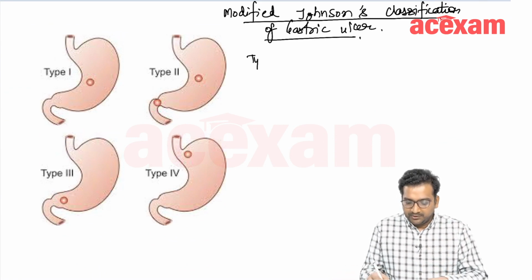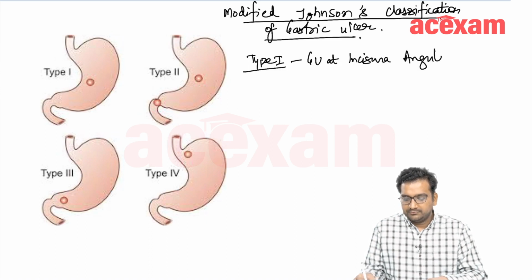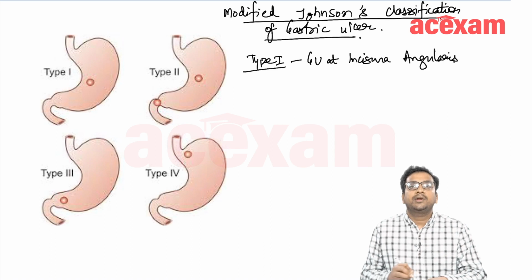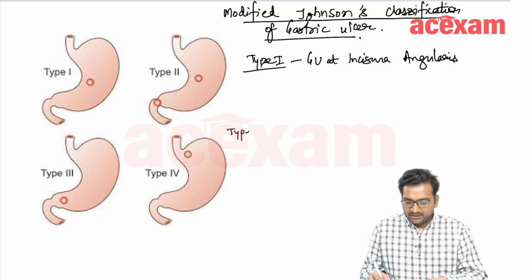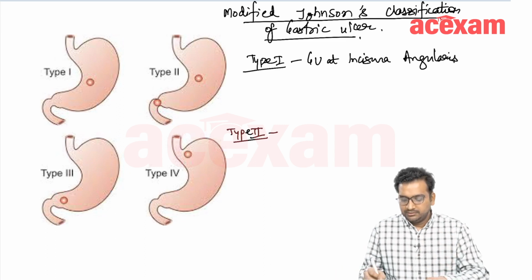The type 1 is gastric ulcer at incisura angularis. Okay, type 2. In type 2, there are 2 ulcers.